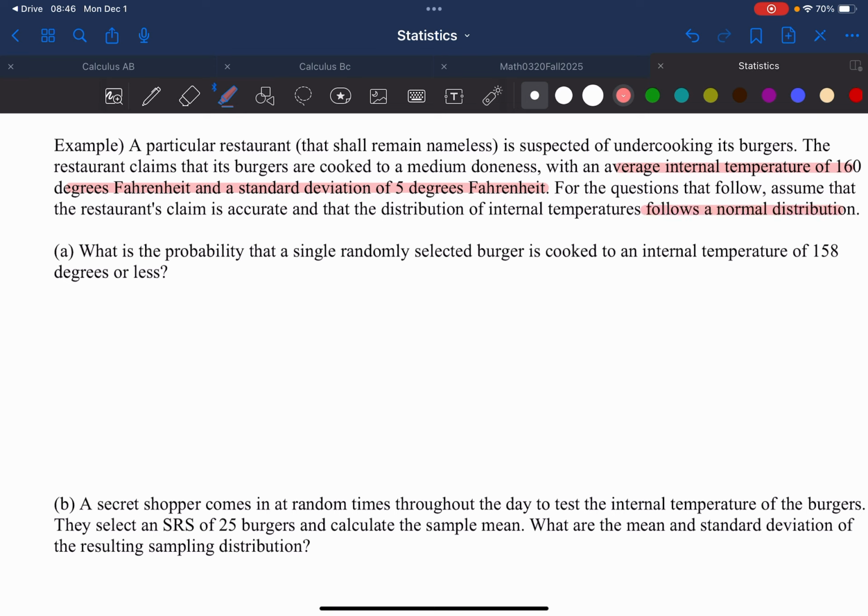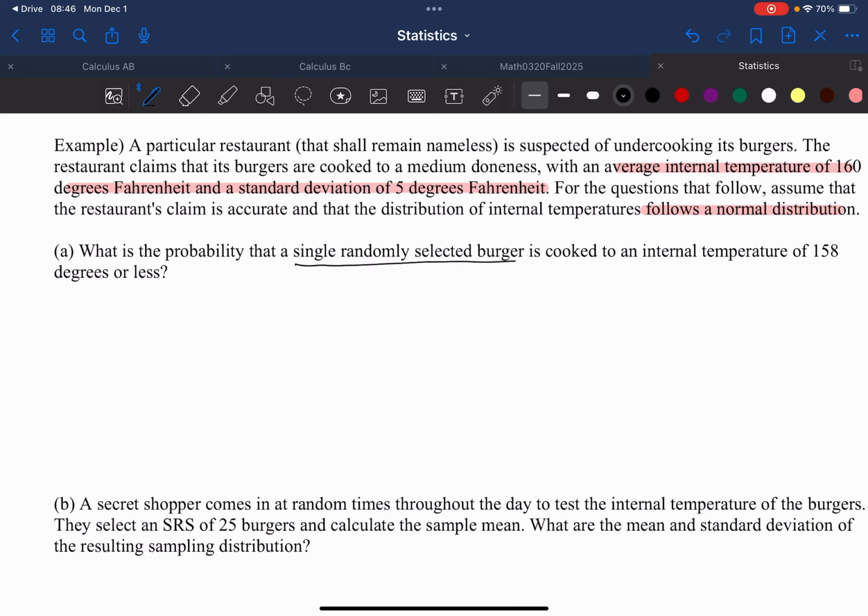For the questions that follow, assume that the restaurant's claim is accurate and that the distribution of internal temperatures follows a normal distribution. So part A says, what is the probability that a single randomly selected burger is cooked to an internal temperature of 158 degrees or less? Okay. So we're not talking about a sampling distribution here, since we're only talking about one single randomly selected burger.